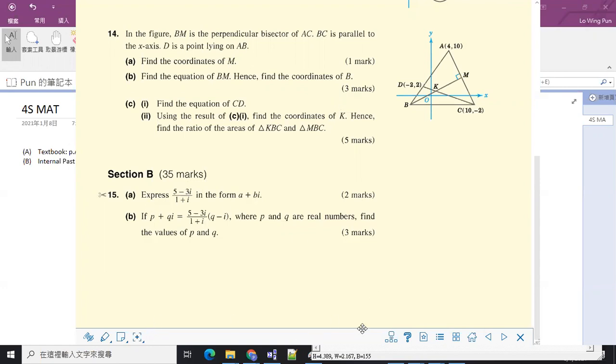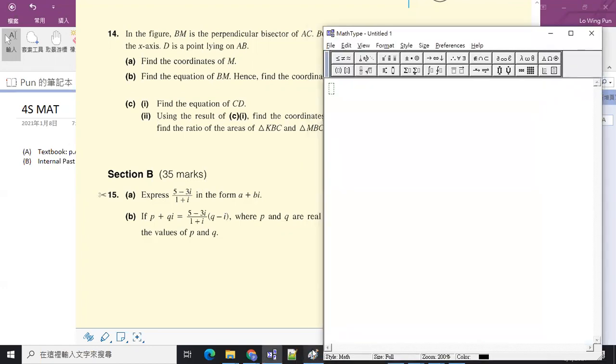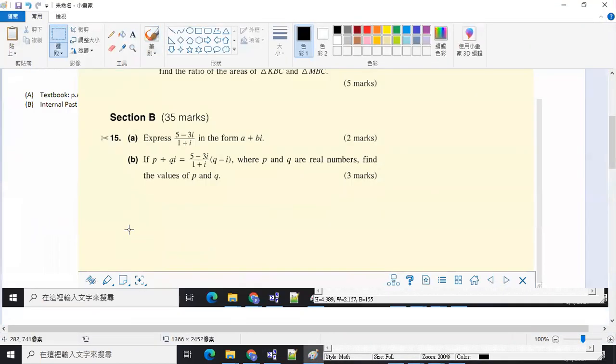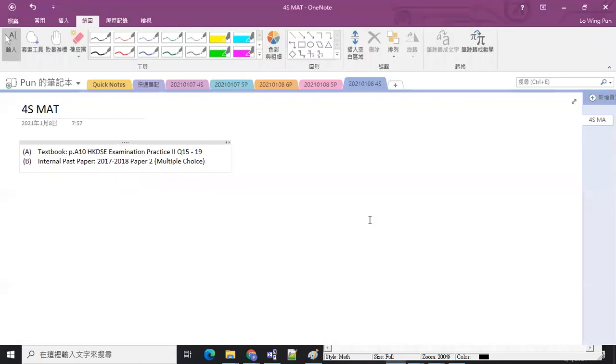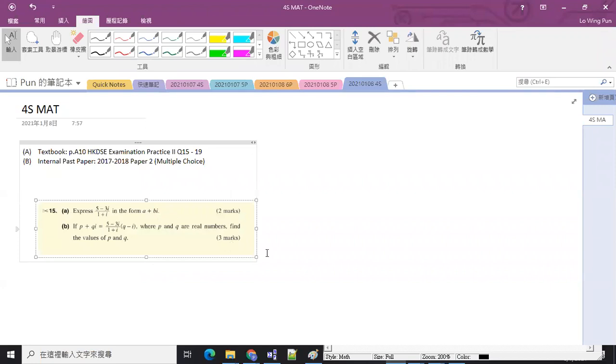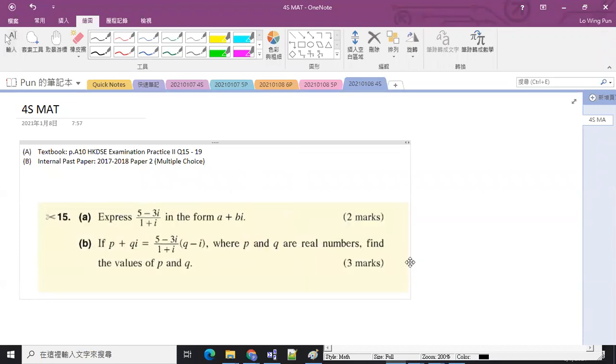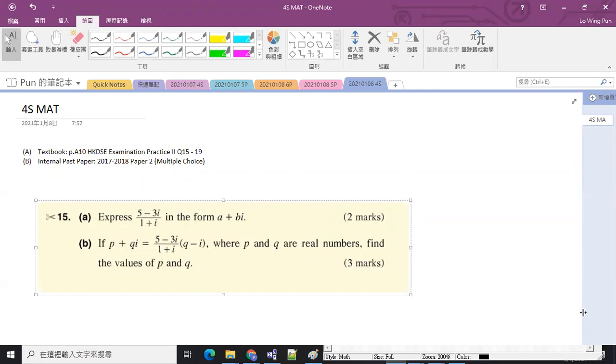So let's start from question number 15. This is about complex numbers, the i numbers, right?